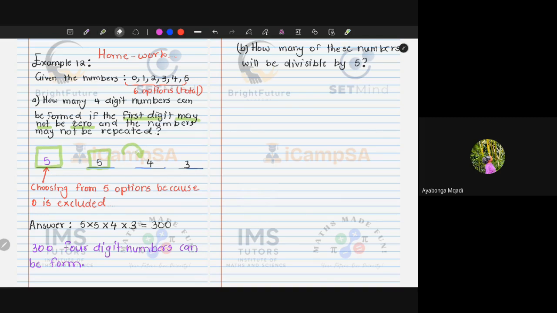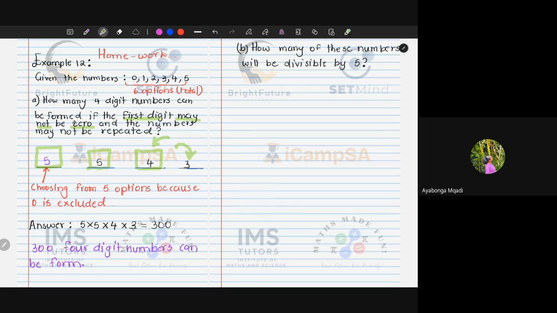Yes. And then when we go to number 3, the 4 here does not say we are going to put a 4, but it says we have 4 options to choose from for what number should sit there, because we have used the other 2 numbers. So we're only left with 4. And for this one, we'll only be left with 3 numbers to choose from on position number 4.